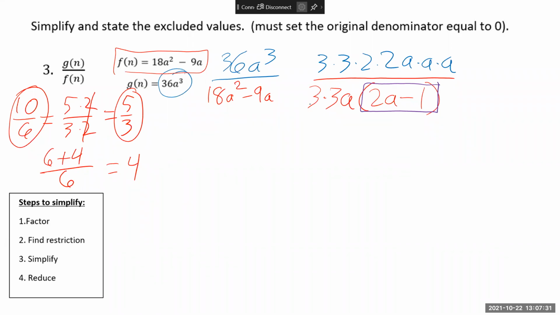Specifically, the 3 and 3. I have 3s on the top and bottom. 3 divided by 3 is 1. Are we good with that? 3 divided by 3 here, also 1. And then a divided by a is 1. All of those reduce. And so what I'm left with on the top is 2 times 2 and a times a.